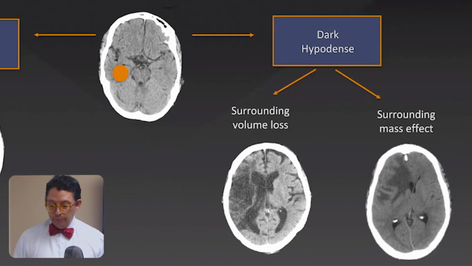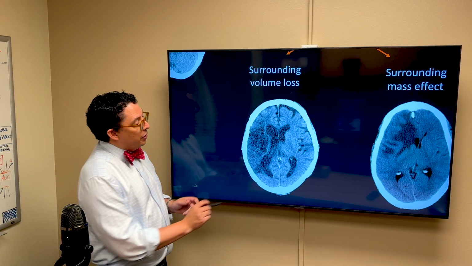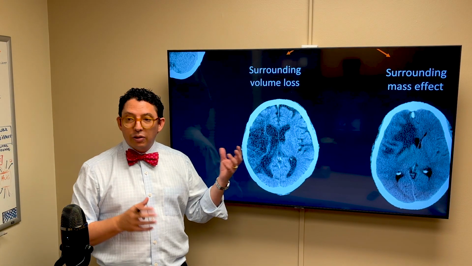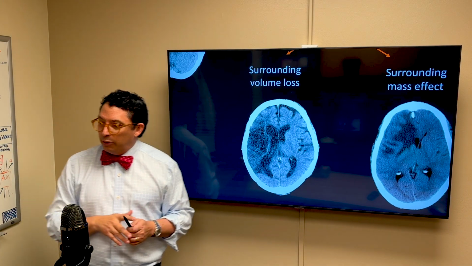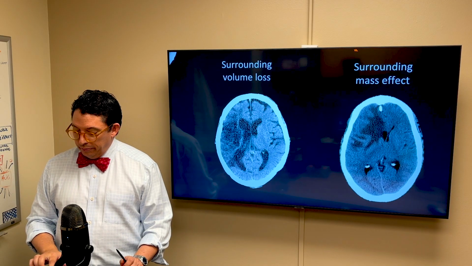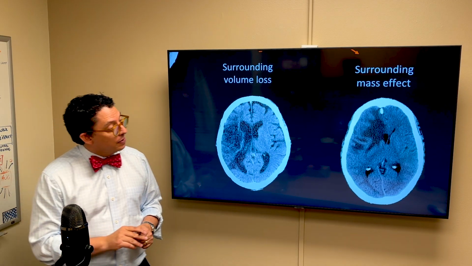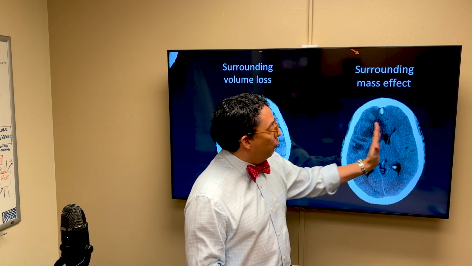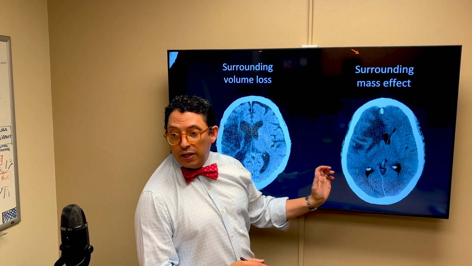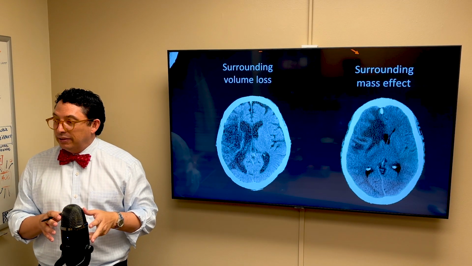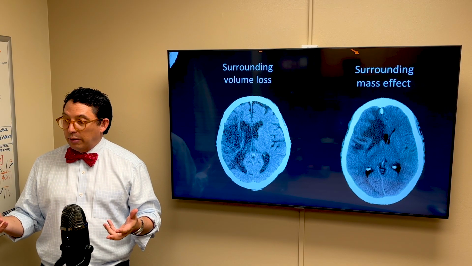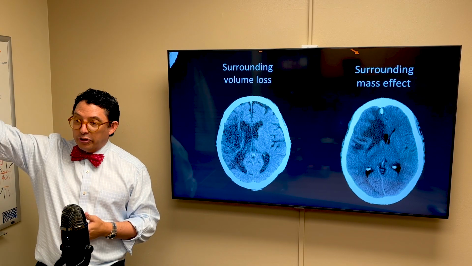If it's dark and you have surrounding volume loss, in this case you see the ventricles being wider and bigger, this is encephalomalacia, chronic things, dead brain. But if it's a mass and the surrounding structures have a mass effect, it pushes the ventricles, effaces the sulci. This is edema. And when the edema is there, then we have to figure out which of the two types of edema it is. If it's cytotoxic or vasogenic.